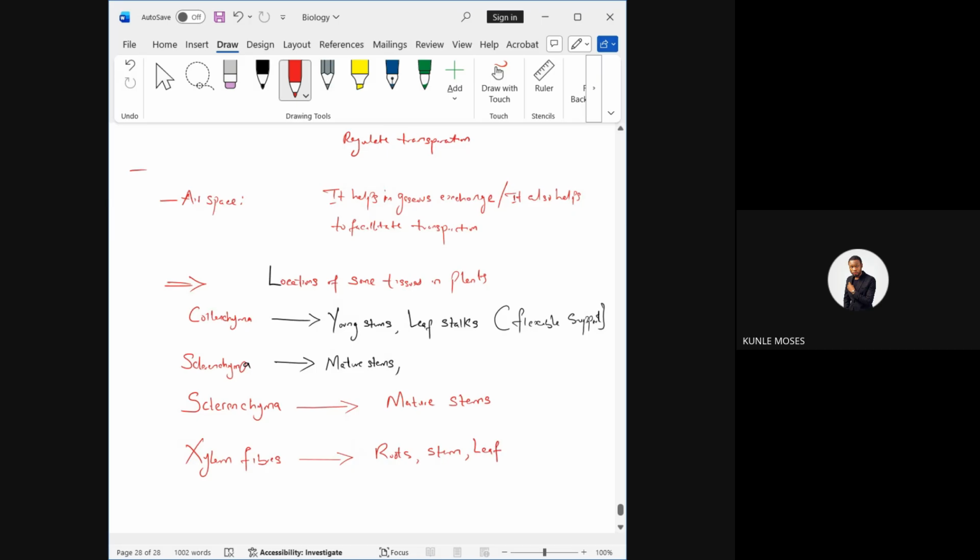I've given you all the functions of all these tissues before. Xylem fibers are for support and conduction of water.